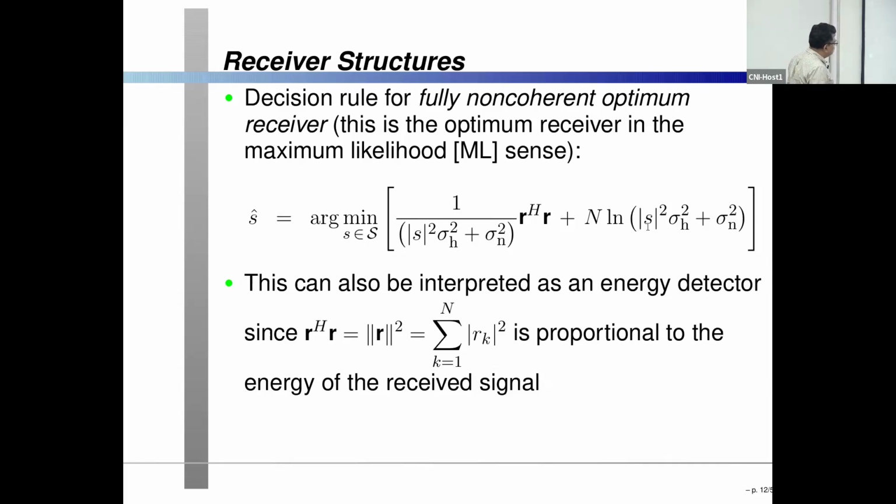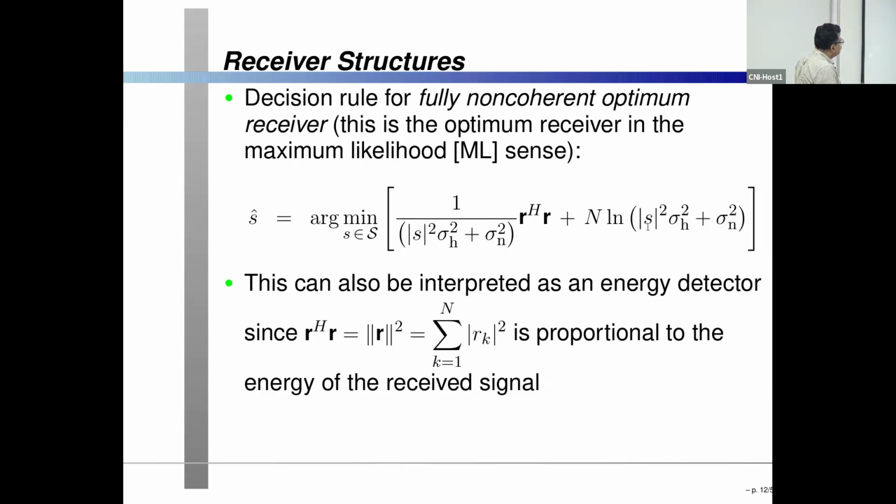It requires only the knowledge of the statistics, sigma h squared and sigma n squared. Of course, here S squared is good enough. There is no need to put the mod, but just for notational clarity, I am putting it as mod of S, because you are anyway considering levels which are non-negative.